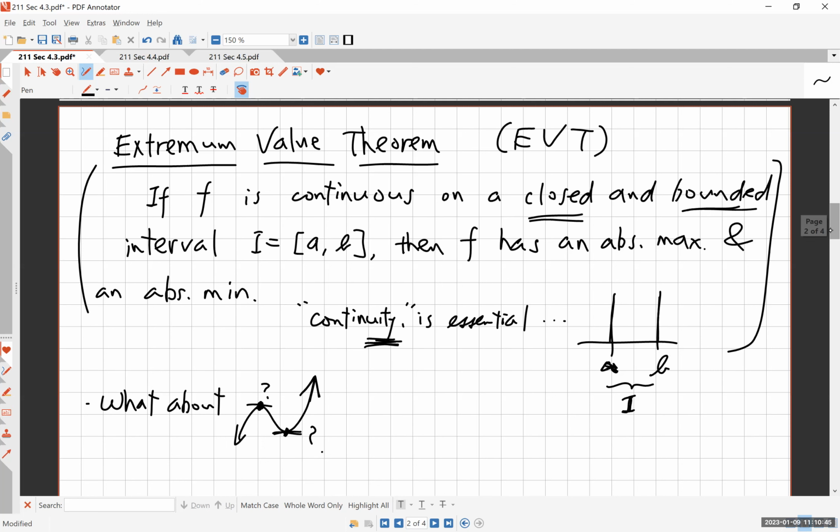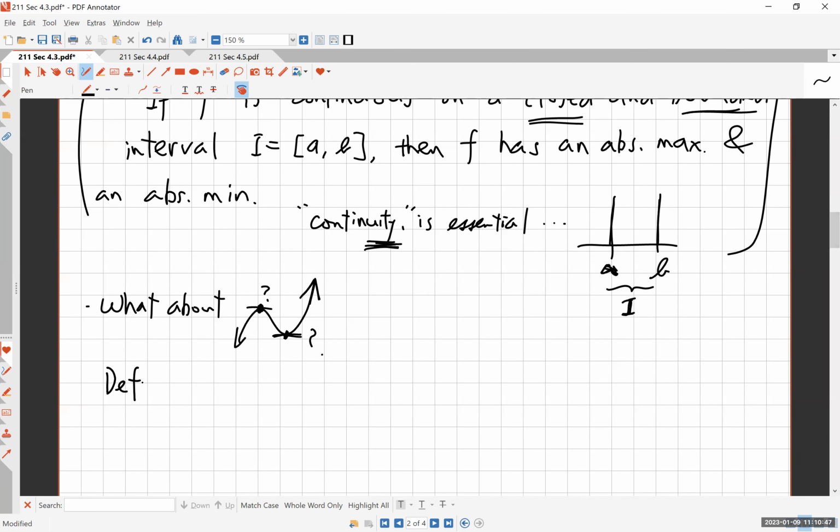So then we will need a new definition to describe something like that. Basically, what we want to say is this is the highest point in a small neighborhood of it. Neighborhood, yeah, interval. This is a lowest point in a small interval around there, right? That's the whole idea. It's the idea of local or relative extrema.